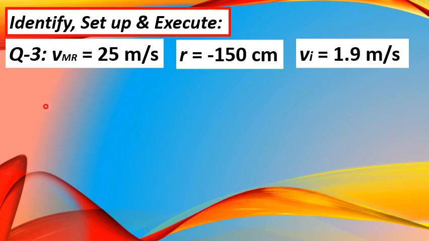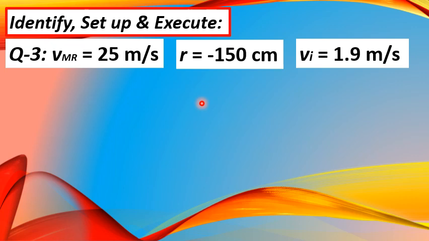Your car's speed of 25 meters per second is in fact also the speed of the mirror relative to the road. So we label that here as V of MR.